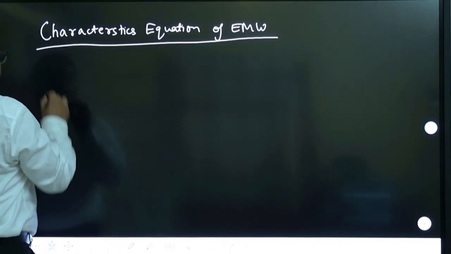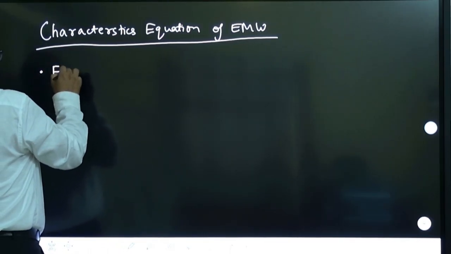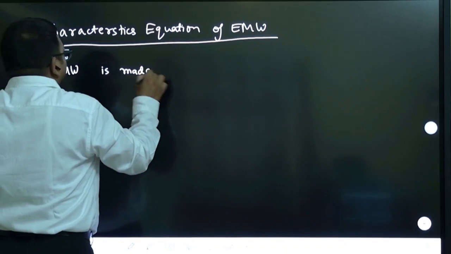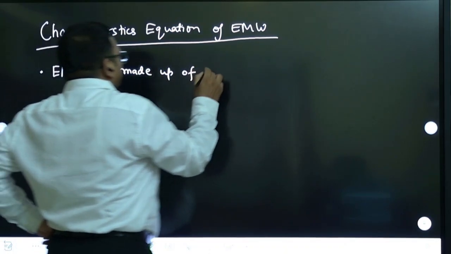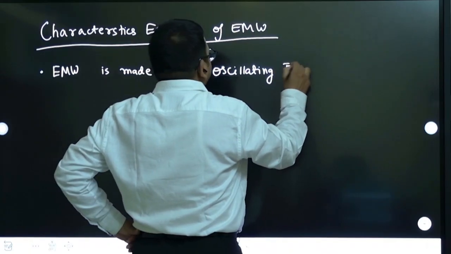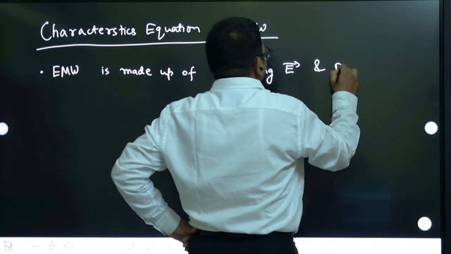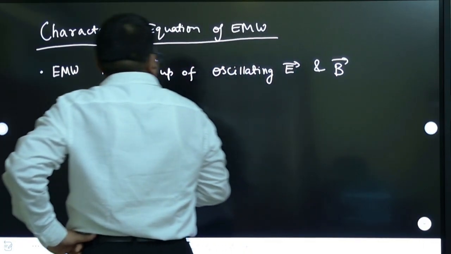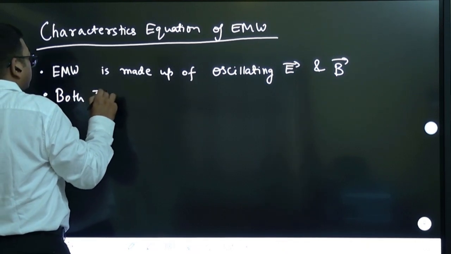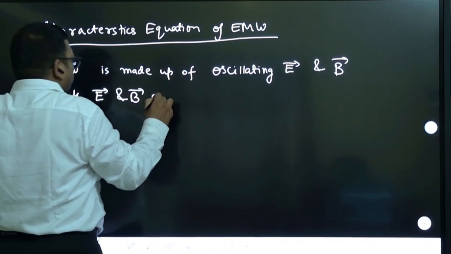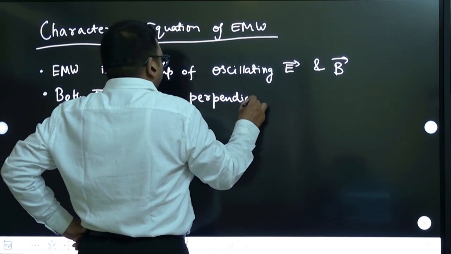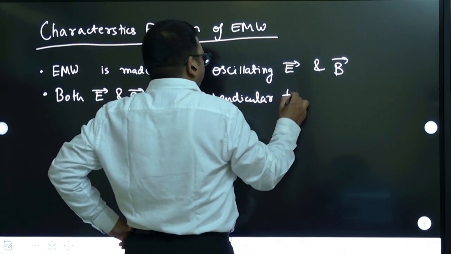An electromagnetic wave, EMW, is made up of oscillating electric field and magnetic field. Both electric field and magnetic field are perpendicular to each other.